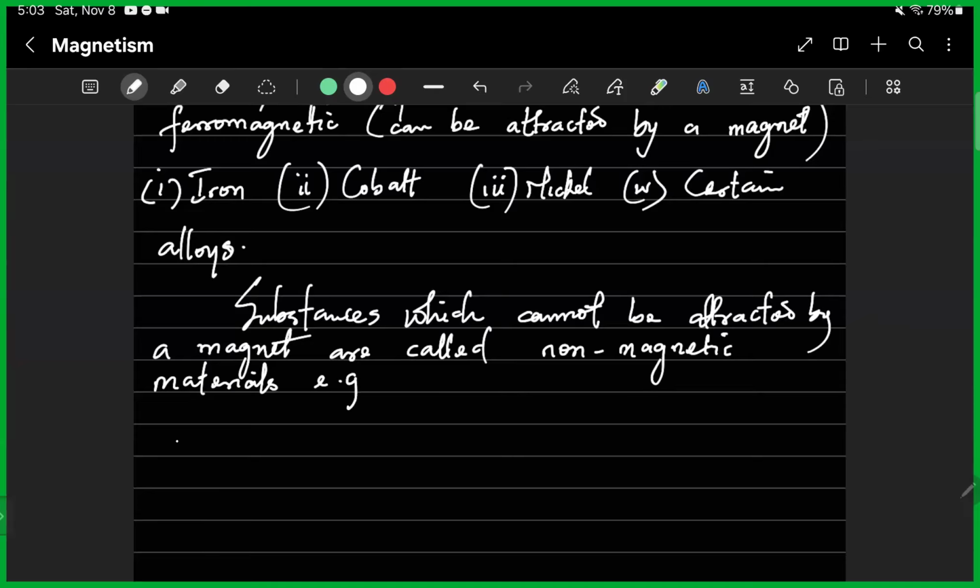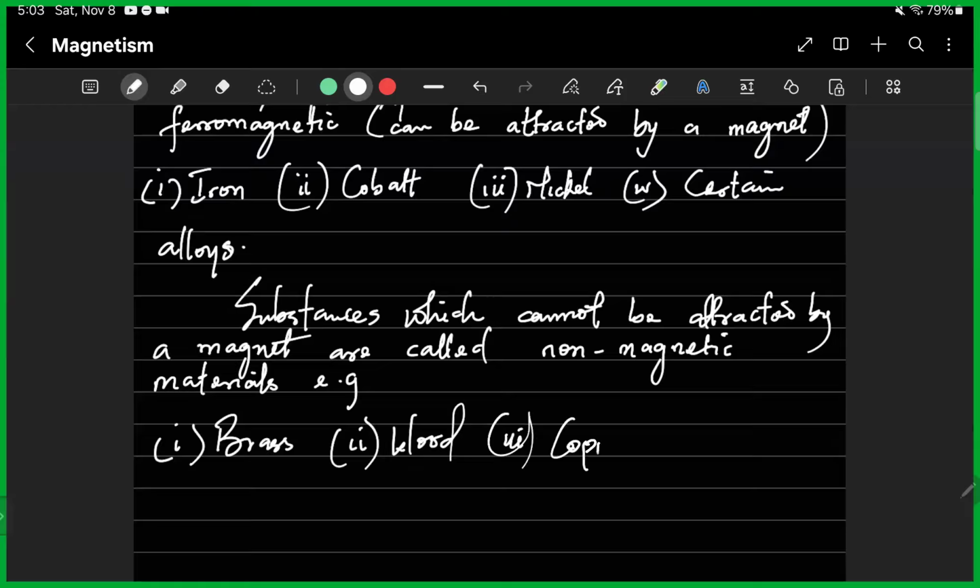Examples include brass, wood, copper, glass.